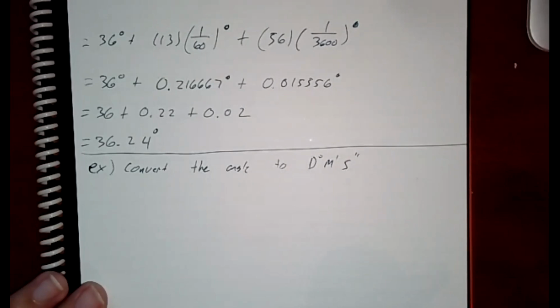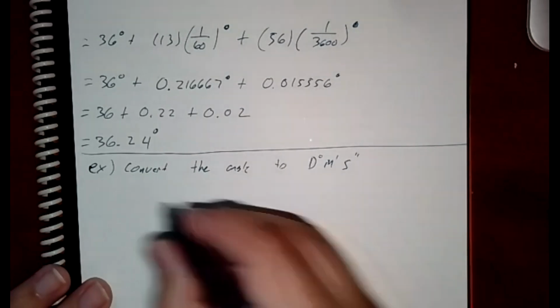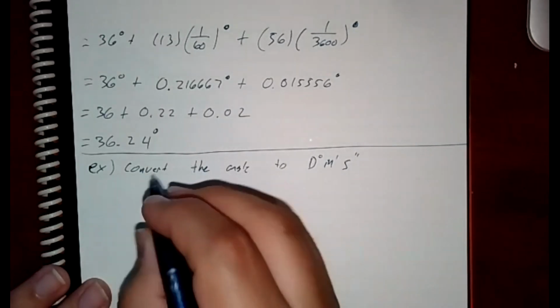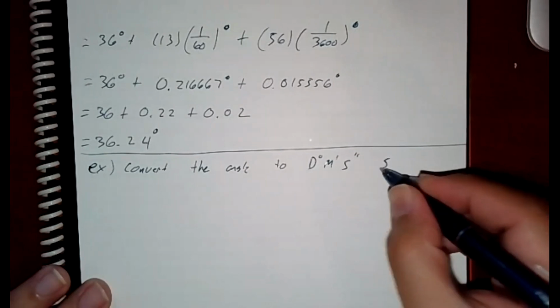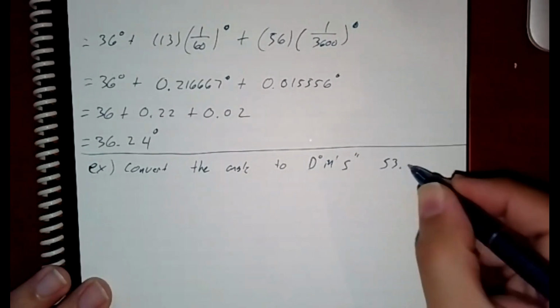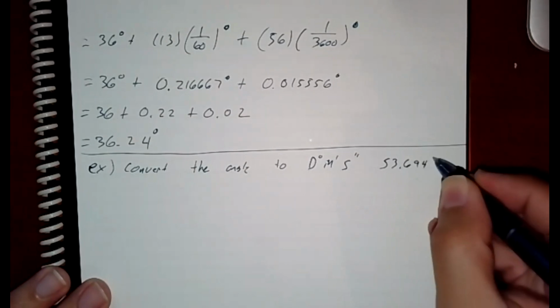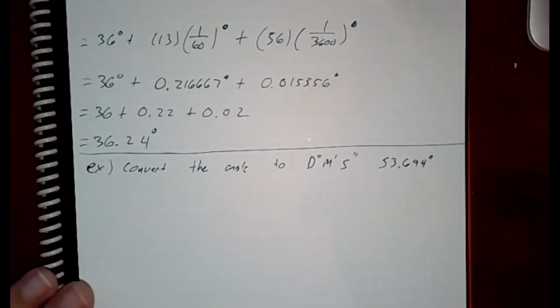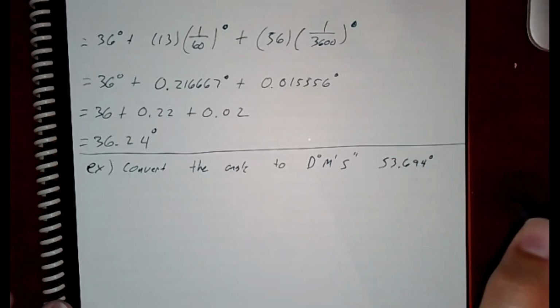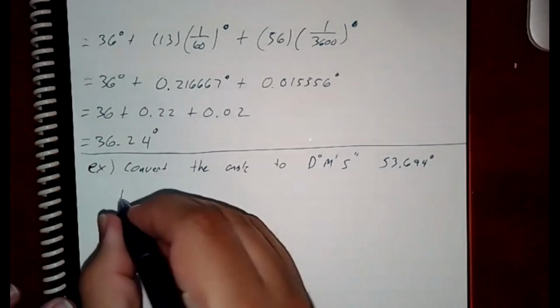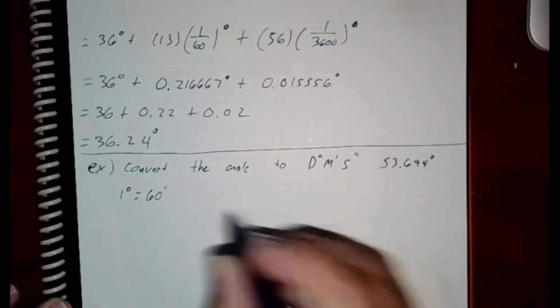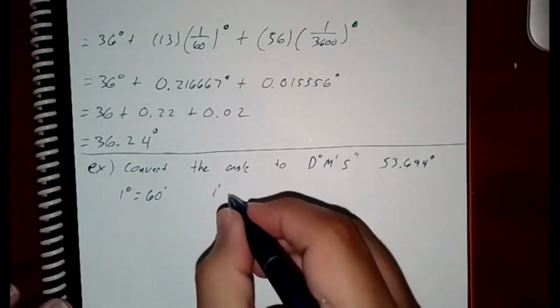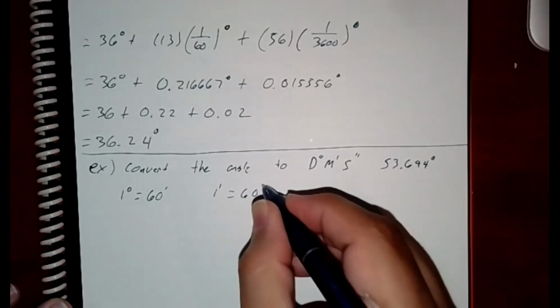So what we're going to need is these formulas here. Here's the question: 53.694 degrees. So there's degree in decimal form, or decimal degree form. We're going to need this right here: 1 degree is equal to 60 minutes. 1 minute is equal to 60 seconds.